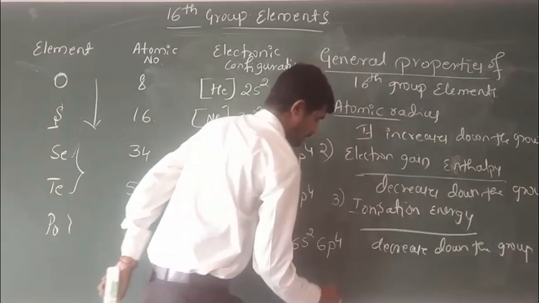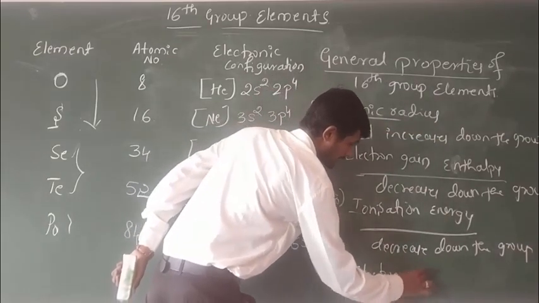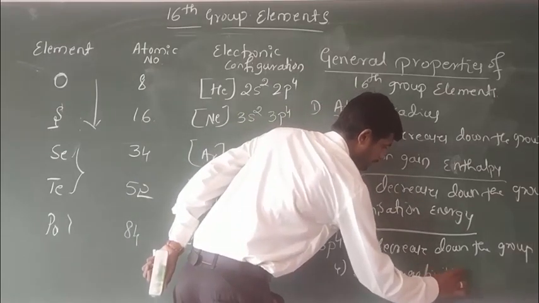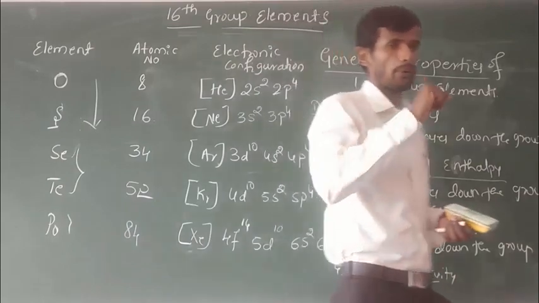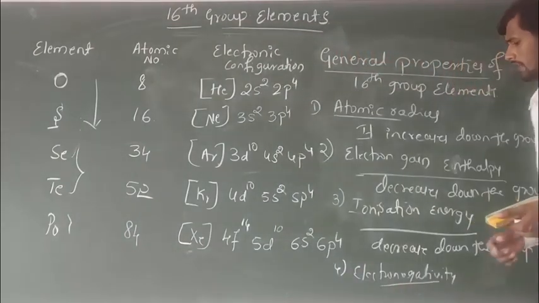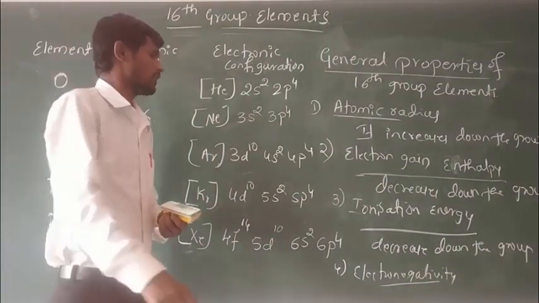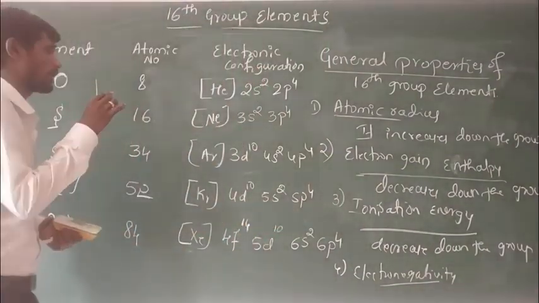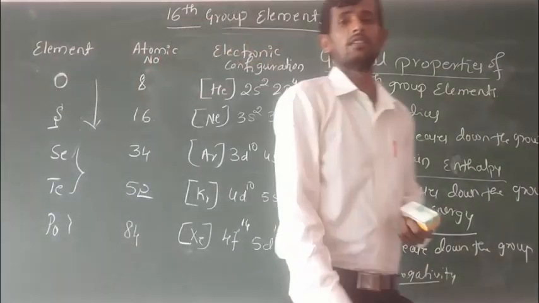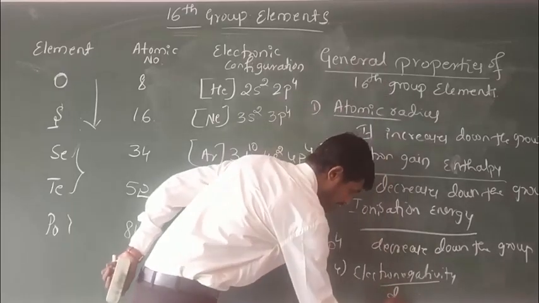Similarly, another point: electronegativity. What happens to the electronegativity? If we move down the group, electronegativity of 16 group elements also decreases.